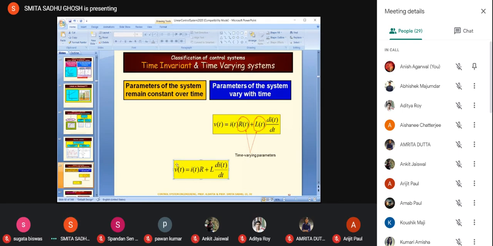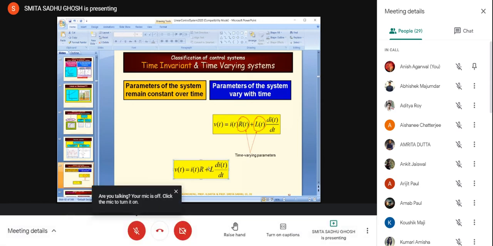In general. But the parameters of the system, namely for this system, the resistance and the inductance, are not dependent on time. They are constant. So in this case, the system described by this mathematical expression is a time invariant system.